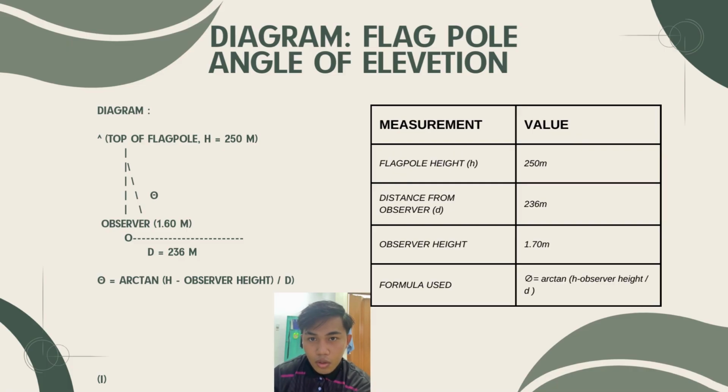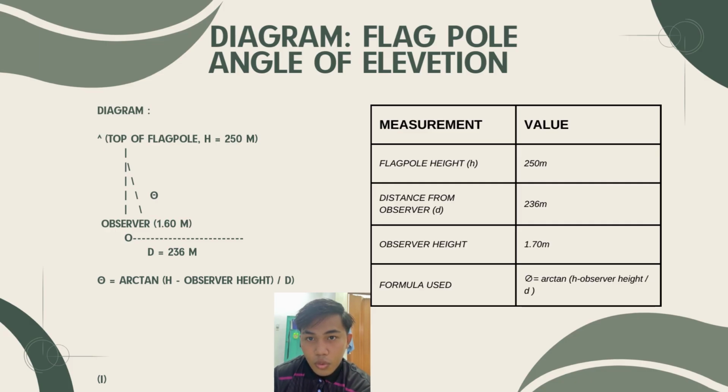To calculate the angle of elevation, we first find the difference between the height of the flagpole and the observer height. So the actual height used in the calculation is 250 meters minus 1.70 meters. So we got 258.3 meters. Then we use the formula shown on the slide.